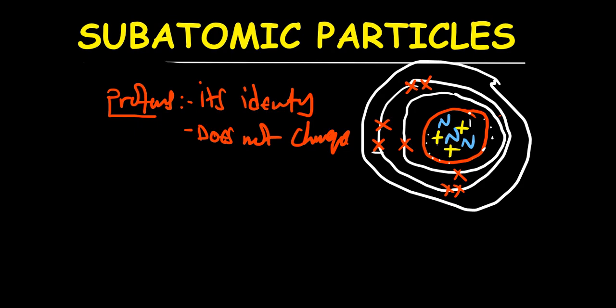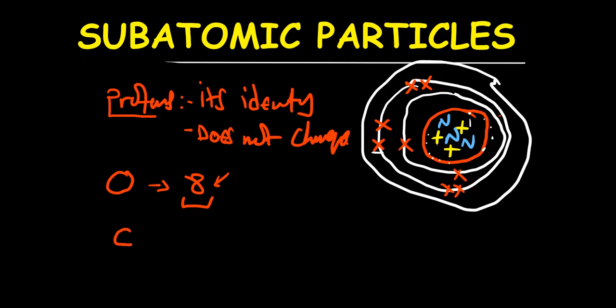So for example, if we talk about oxygen, oxygen has 8 protons. So you will never find another element with 8 protons. As long as that element has 8 protons, then we say that that element is what? Oxygen. And then I can also give an example of carbon.